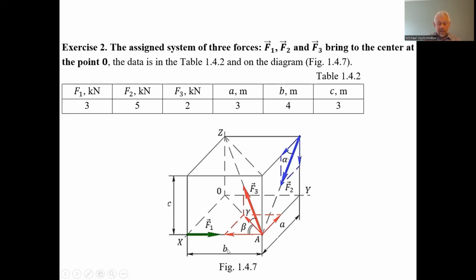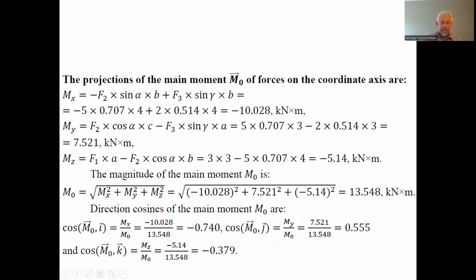And the arm is B, and the direction is negative because it rotates clockwise if we look toward x-axis. So this way we found the projection of the main moment on x-axis, which is minus 10.028 kilonewton meters.